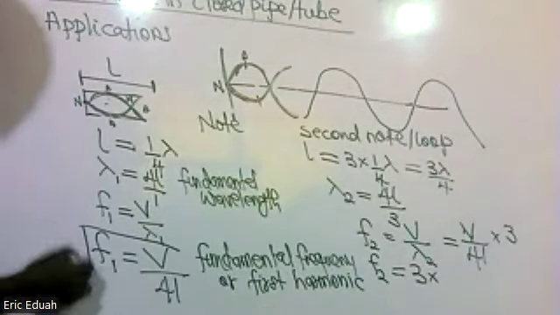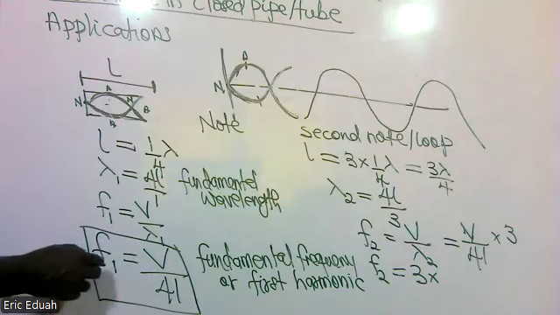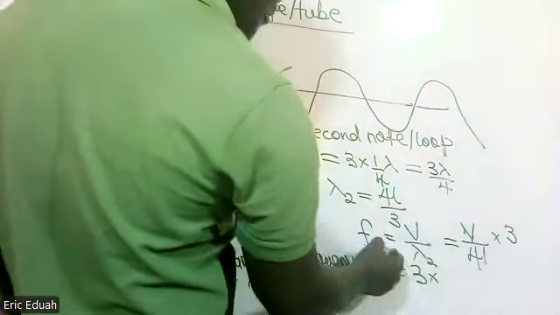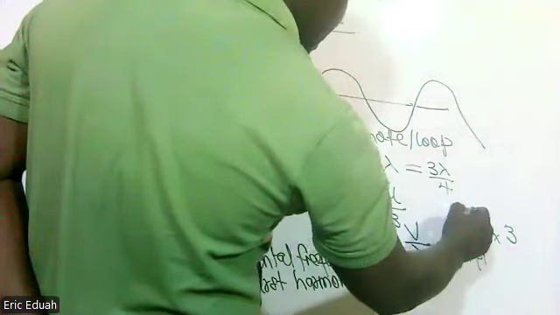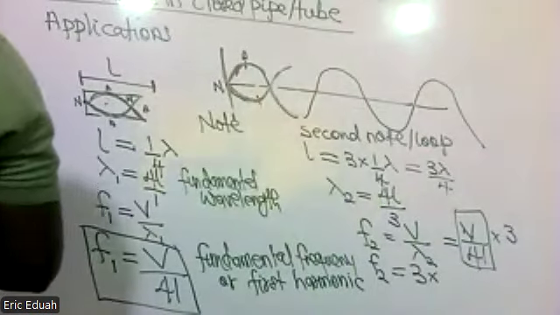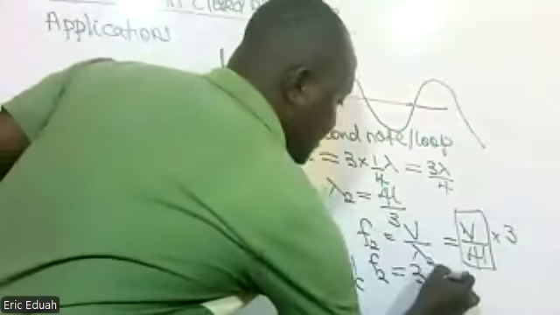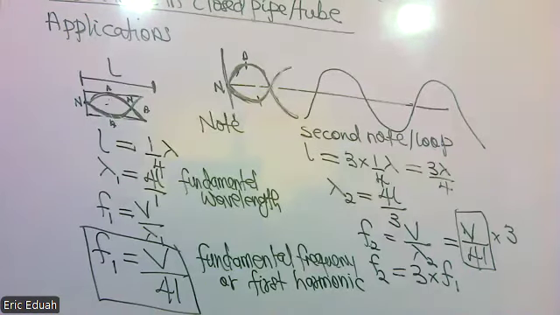This is F1. F1 is this. So if F1 is this and F2 is equal to 3 times this, then it means this part is equal to F1. Okay, so this is 3 times F1.